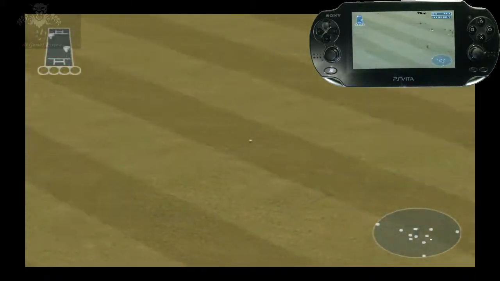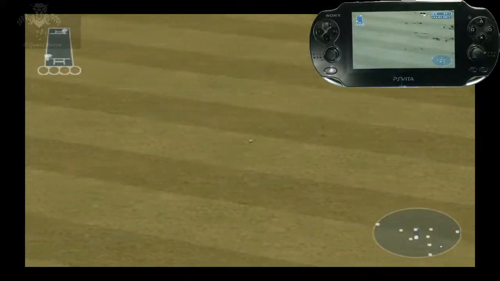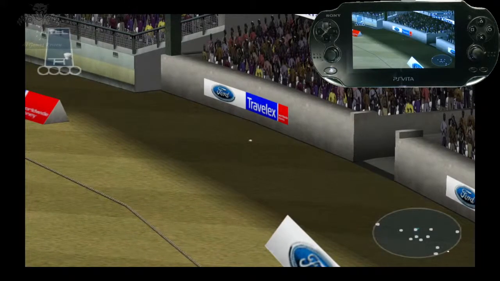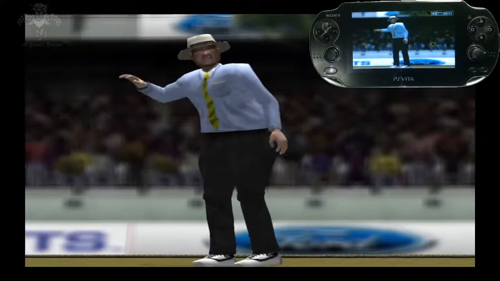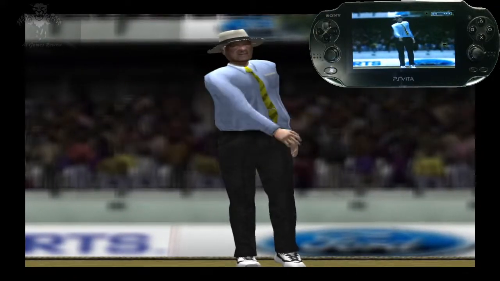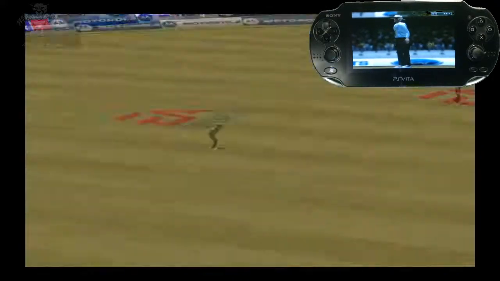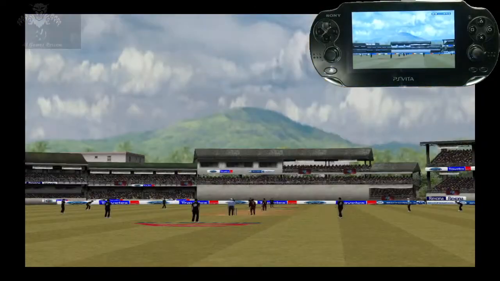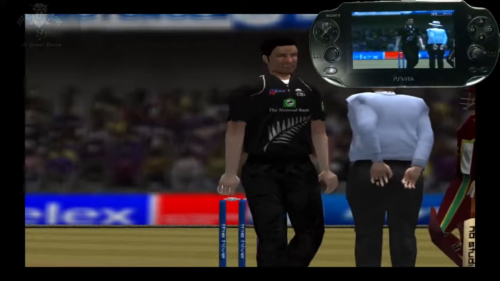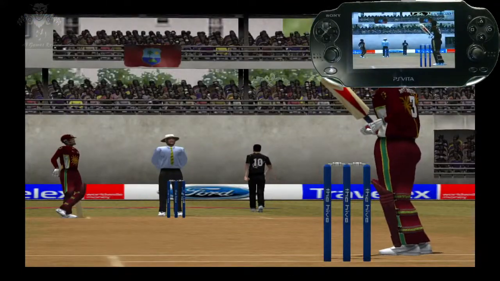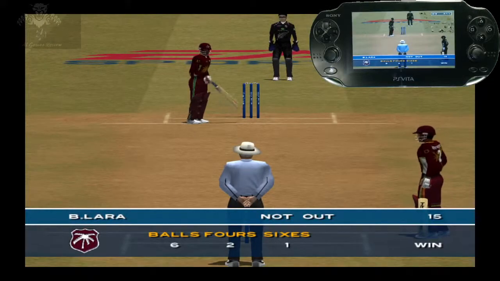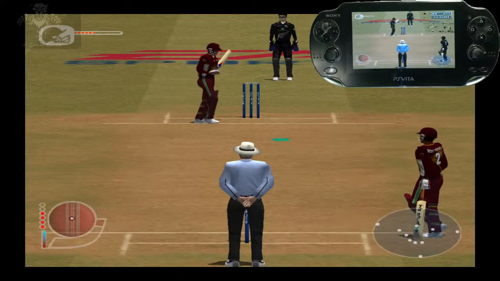Pushed through the covers. He's found the gap with that one. Picked up very early by Lara. Well, that was a classic cover drive. A masterful shot, one the spectators love to see. West Indies will be pleased with the progress they've made so far.